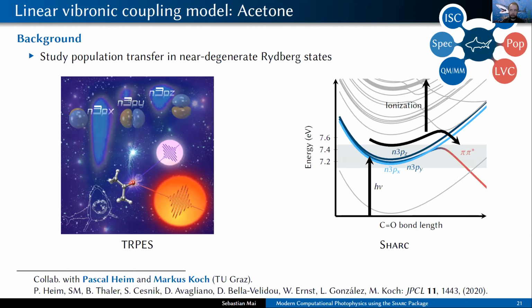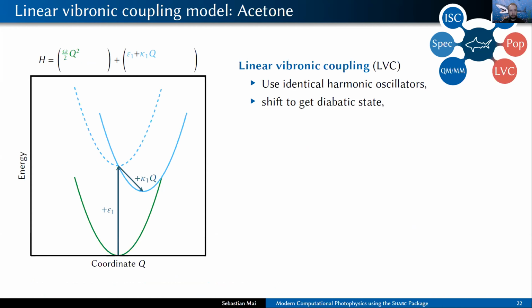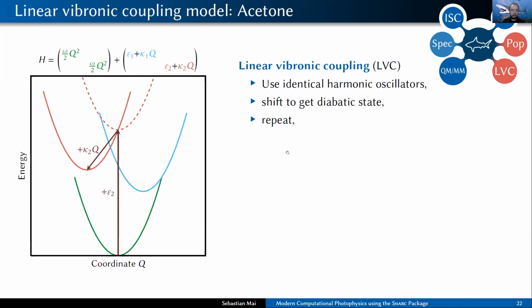And our project was using SHARC, where we simulate the dynamics after exciting to these three N3P states and how they decay to the pi star state of acetone. So we use this linear vibronic coupling model, which in very brief words is just using harmonic oscillators that we shift to different energetic positions based on the gradients that we can calculate for a reference position.